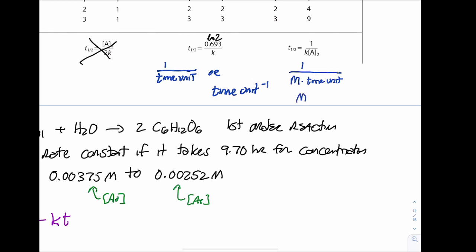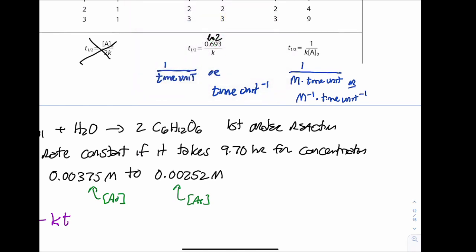Again, molar to the -1 times my time unit, whatever that happens to be, to the -1. If we had a third order reaction, which we're not going to really look at, the units would be molar to the -2 time unit to the -1. So 1 over molar squared seconds, something like that.